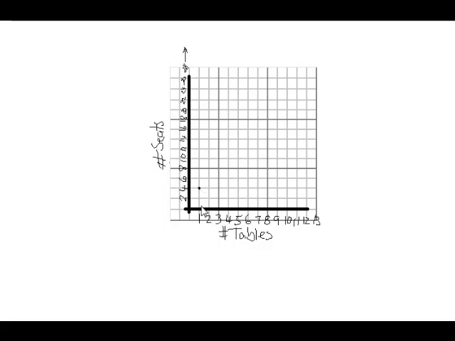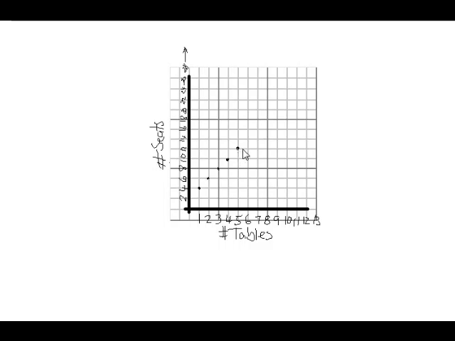So draw a dot. For 2 tables we had 6 seats. For 3 tables we had 8 seats. So 8's over there. 3 tables, 8 seats. 4 tables we had 10 seats. And 5 tables we had 12 seats.